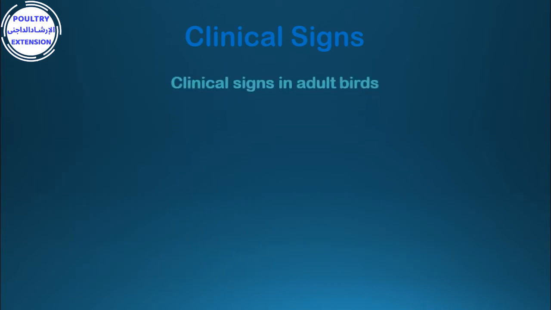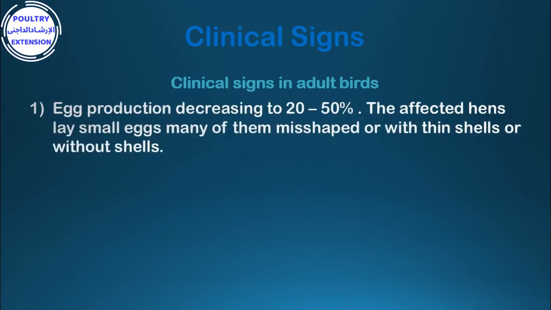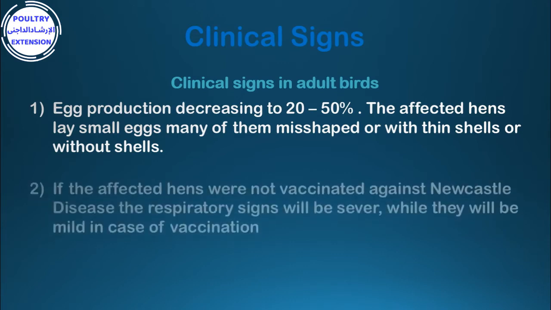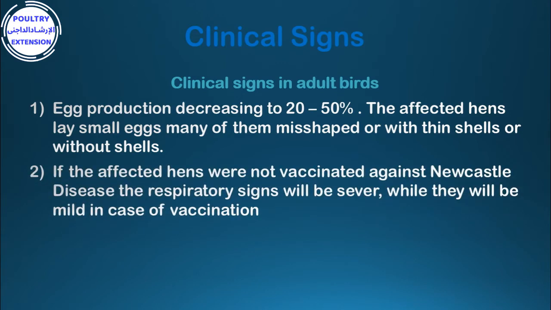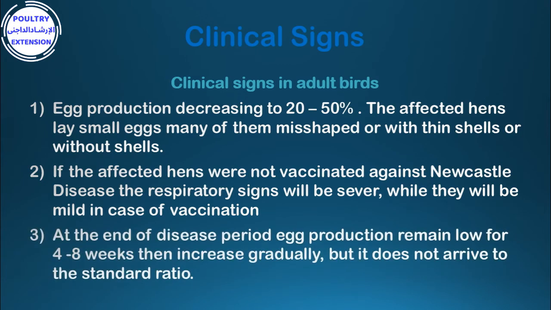Clinical signs in adult birds. 1. Egg production decreases by 20 to 50%. The affected hens lay small eggs, many of them misshapen or with thin shells or without shells. 2. If the affected hens were not vaccinated against Newcastle disease, the respiratory signs will be severe, while they will be mild in case of vaccination. 3.